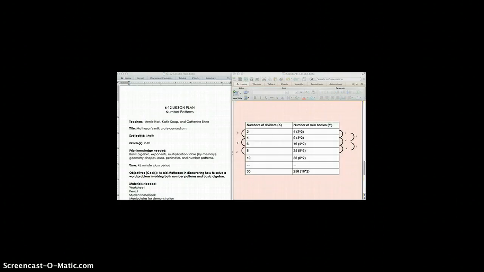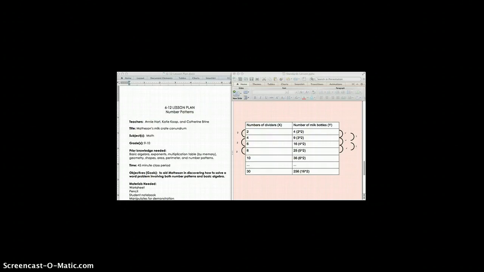At this point, we would show our students this table, which shows a couple unique patterns in both the number of dividers and number of milk bottles in given crate numbers. On the left-hand side, we see that the number of dividers is a steady increase of 2 each time.